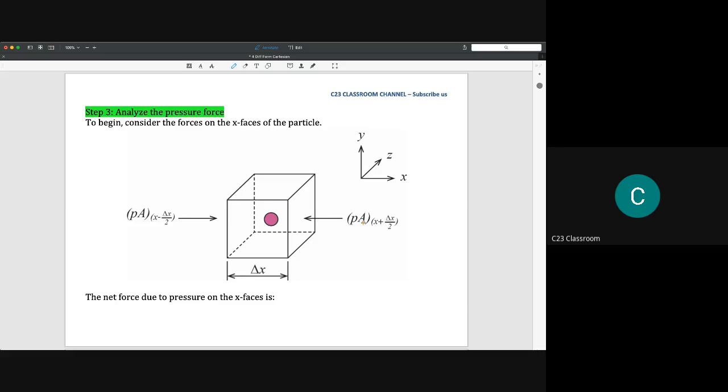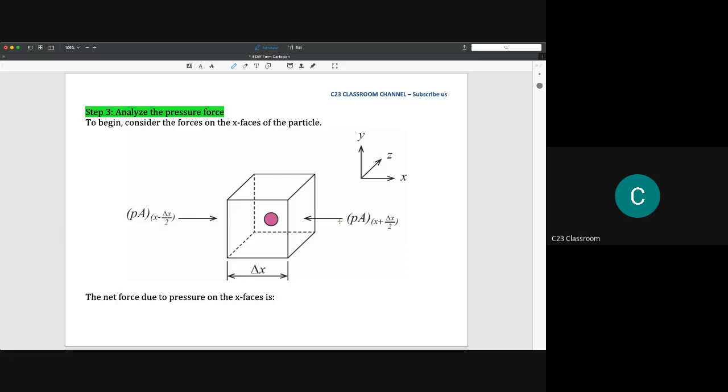And here, the location is x plus delta x over 2. So this is delta x and this is the location. That's the meaning of this one. And the idea of having two forces, one from left to right and one from right to left, is to get the equilibrium condition.